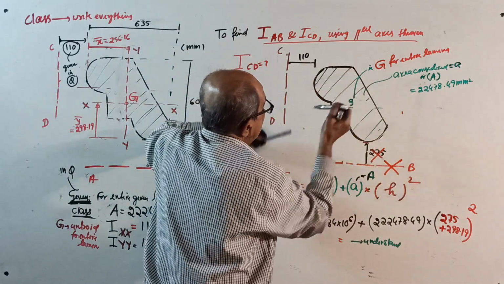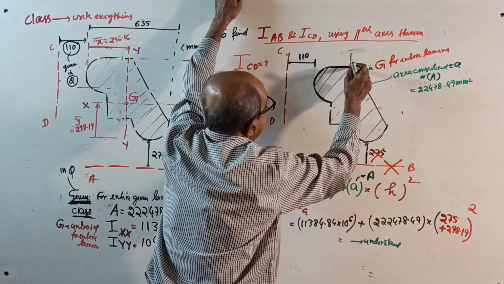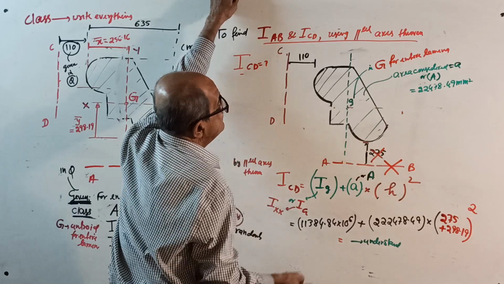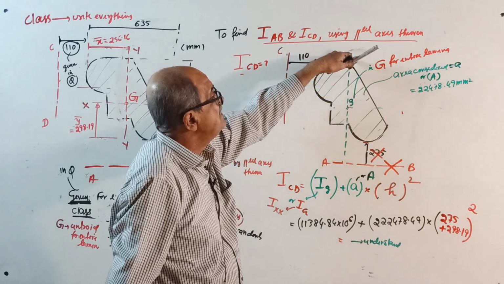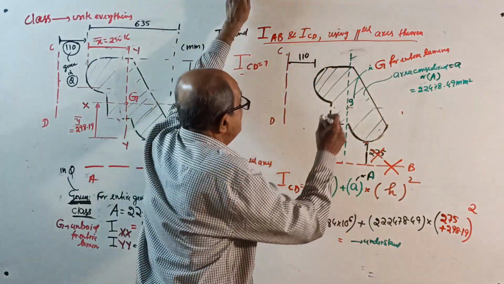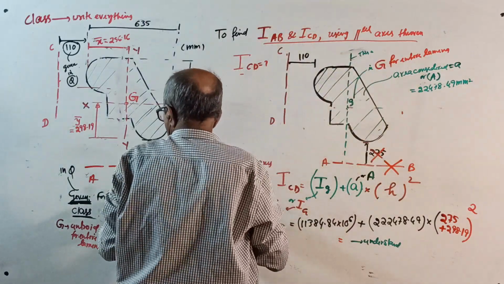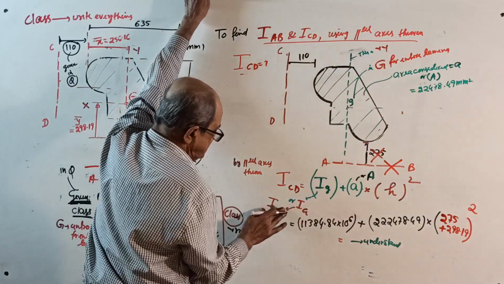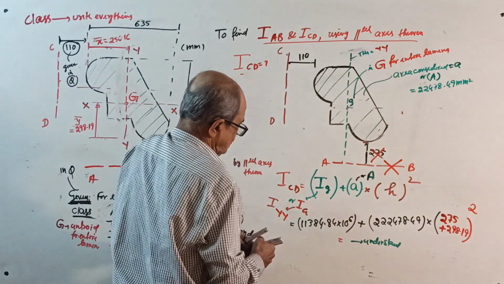This IG, the axis passing through the centroid and parallel to CD, but actually this is your YY axis. So IG is IYY, plus area into h squared. See the answer now? Correct?